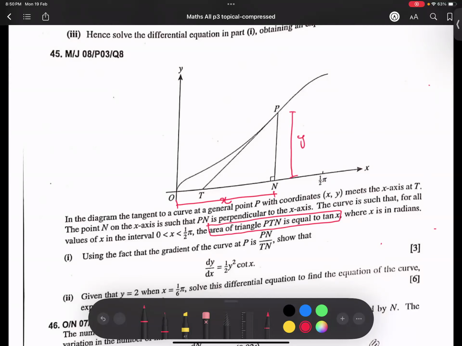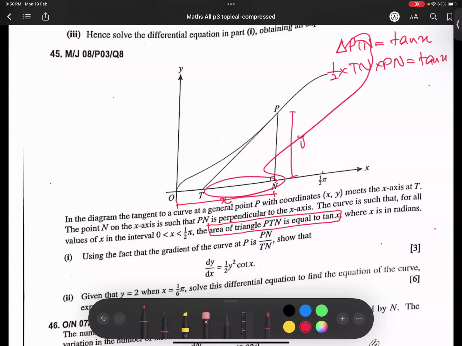So first he said that the area of triangle PTN is equal to what? Tan x. He has given us. So what is the triangle area formula? Basically half into base into height. What is the base? TN. And what is the height? PN. Equal to tan x.